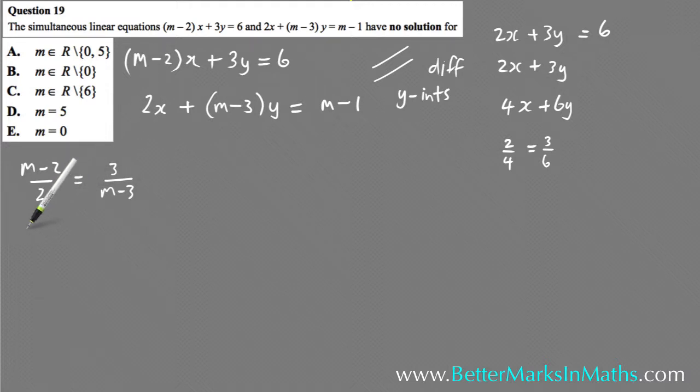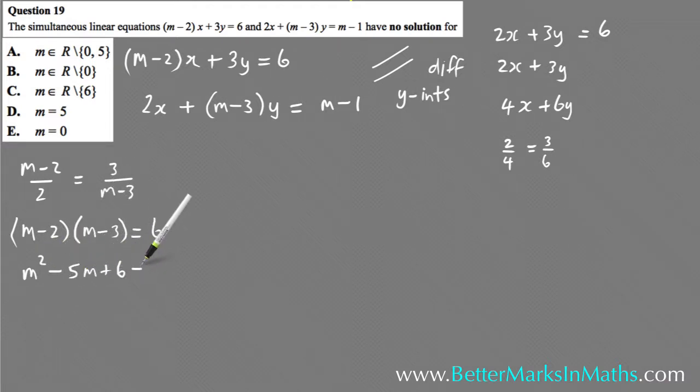So cross multiply here: m minus 2 multiplied by m minus 3 is going to equal 2 times 3, which equals 6. Multiplying that out, m squared minus 5m plus 6, and then minus this 6 from both sides, you end up with equals 0. So m squared minus 5m equals 0.